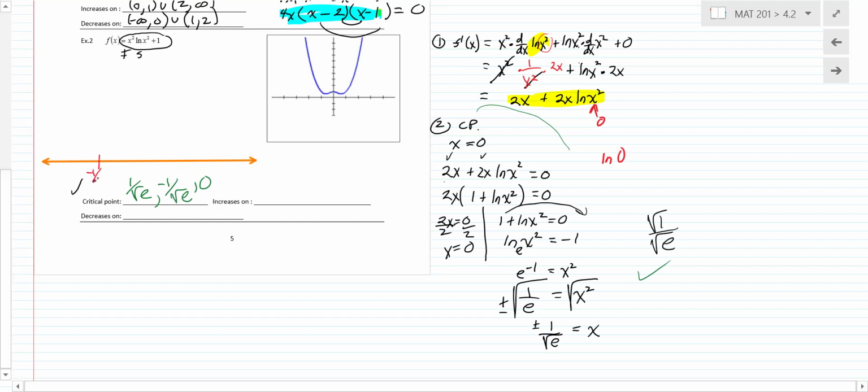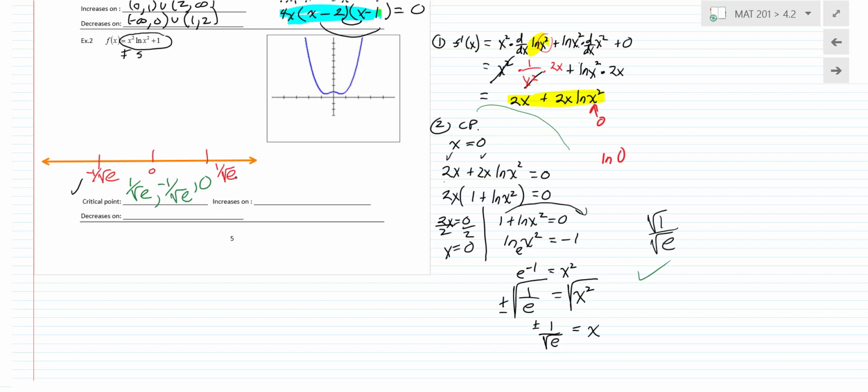So we have -1 over root e, we have 0, and we have 1 over root e like that. And then we're going to basically go through and analyze everything, looking at critical points and plugging them in.